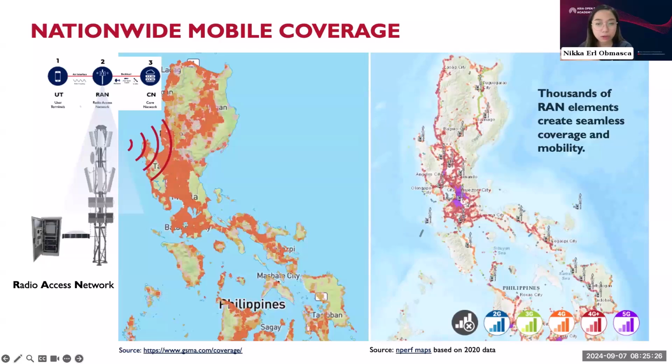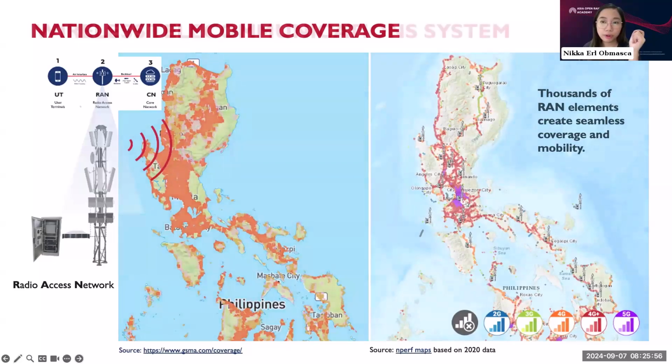Kapag naman sa mga rural areas, mas konti yung tao doon. So yung mga network operators natin may need to deploy mas konting cell sites pero mas mataas yung output power, so mas malaki yung area na nako-cover. I think yun yung isa sa iniisip ng mga designers and engineers natin when deploying this kind of RAN.